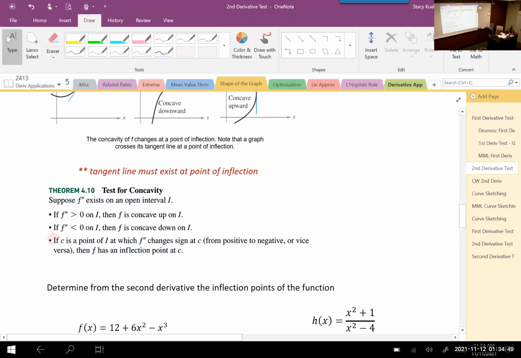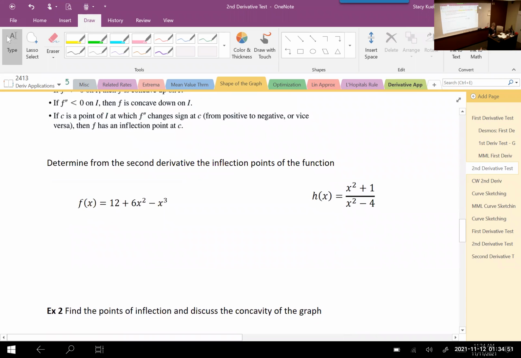So above, the first example that we worked, right? Let's pull that information down here for a minute. We said that for this polynomial, we had a critical value at 2, and we knew that the second derivative told me we were concave up, and then we were concave down.